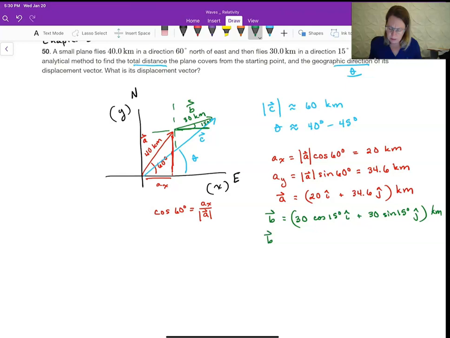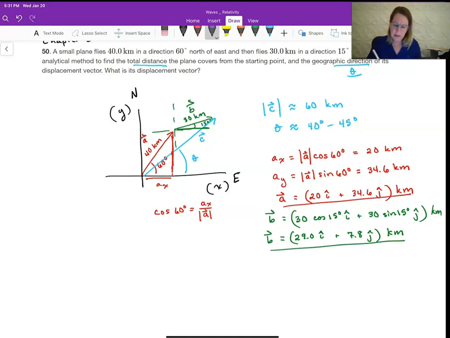And so typing these into my calculator, b is 29.0 i hat plus 7.8 j hat kilometers. Okay, so now I have my a vector and my b vector, and I can add these together.